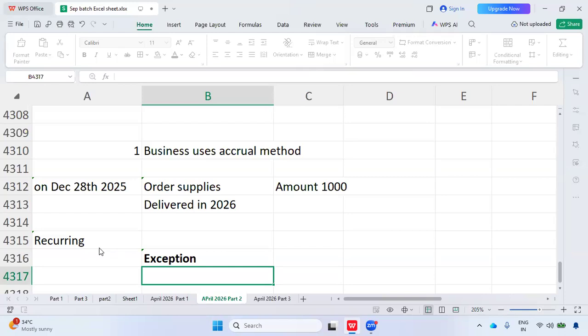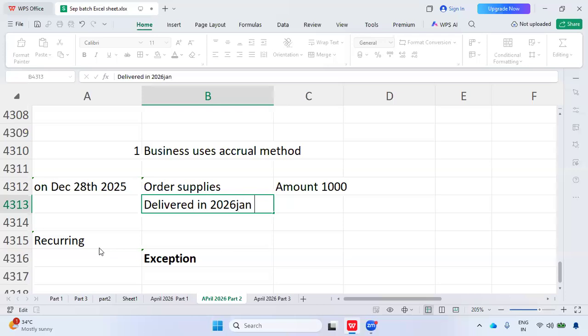The tax year ends on December 31st, and from that we need to count 8.5 months. If yes, then they can claim. Here the supplies were delivered in January 2026, which is within 8.5 months, or before filing the tax return.